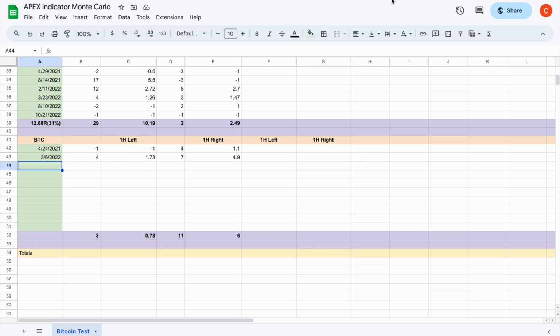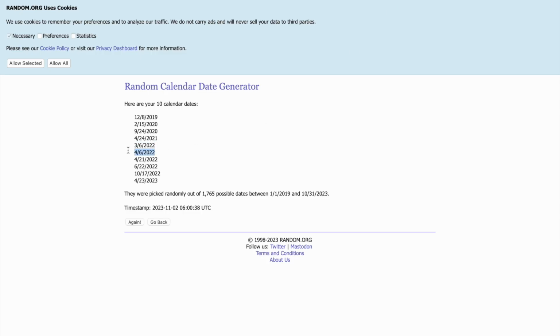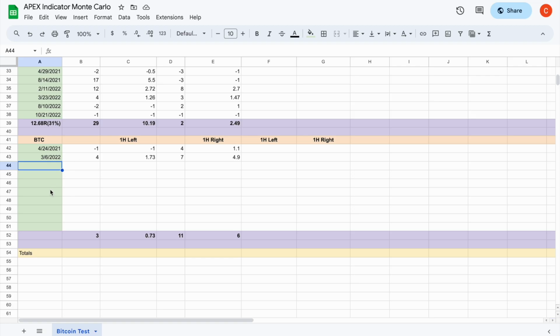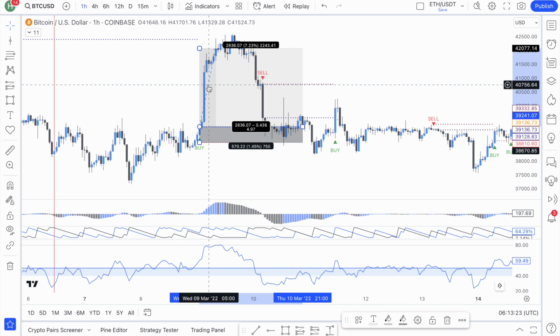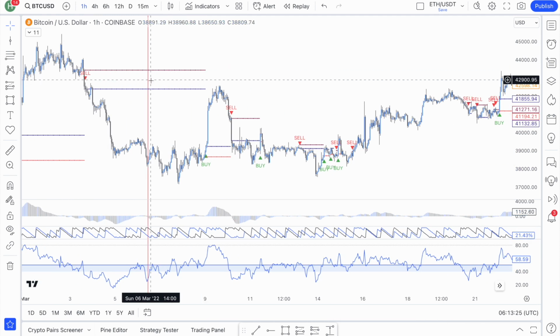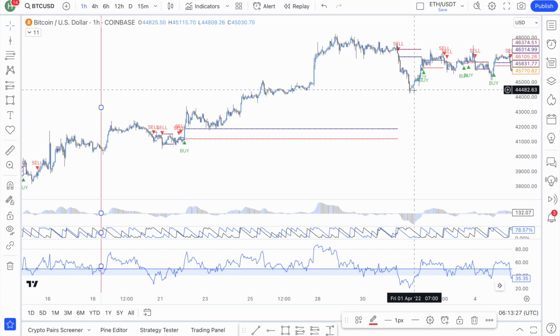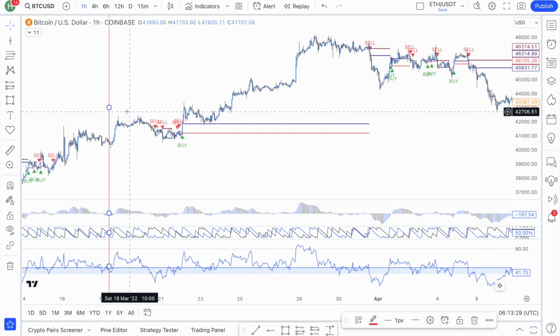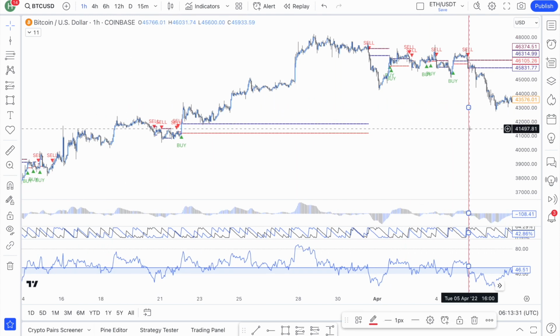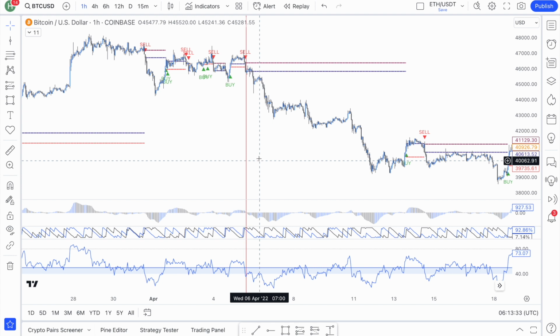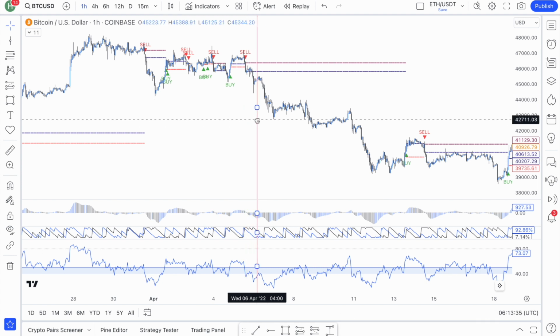So we're going on to the third one now. So the next one is going to be April 6th, 2022. April 6th, 2022. So 1 month later. And so moving on here. So April 6th, right here.